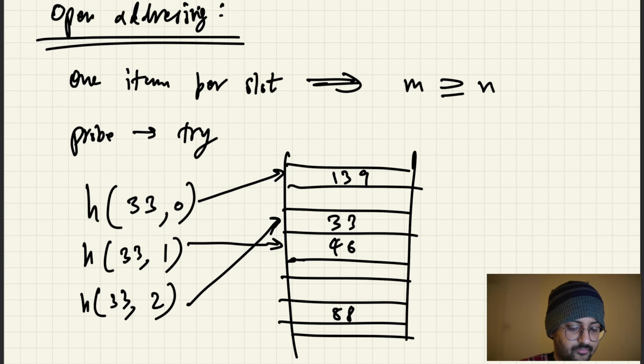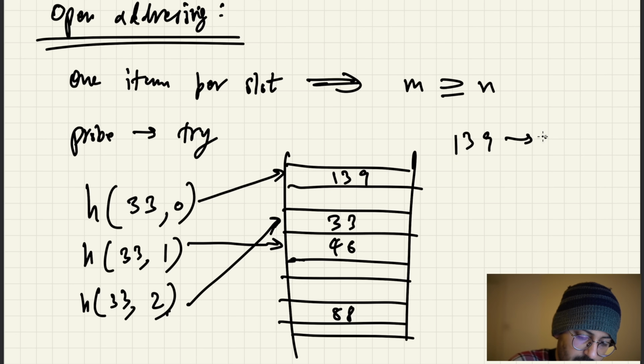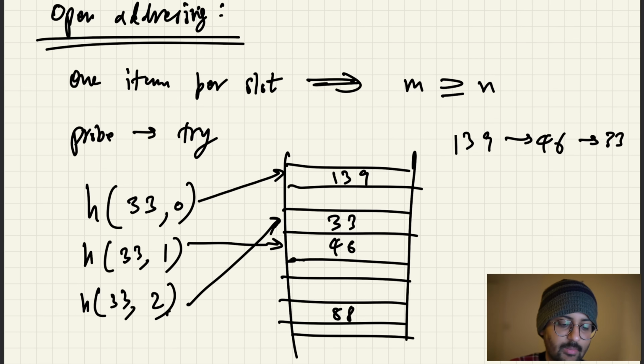Now, when I'm searching for 33, it will first search 139, then 46, and then it will come to 33. Make sense? So if I want to delete an item, I can't just make this slot empty.